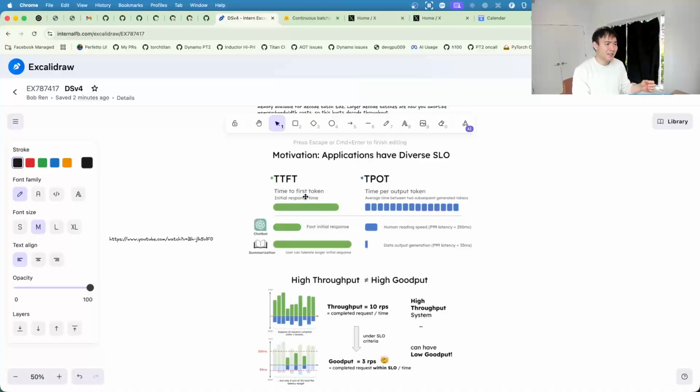When you're doing LLM serving, there are two things you care about. The first is time to first token, which is the latency from sending a prompt to getting a response. The second is TPOT, time per output token, where you want to reduce the time it takes to generate new tokens.